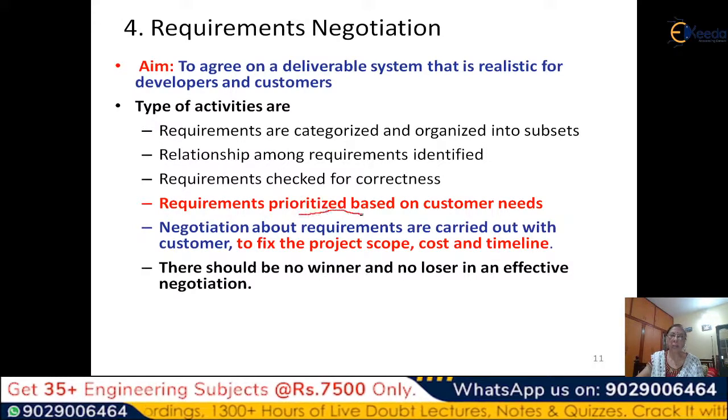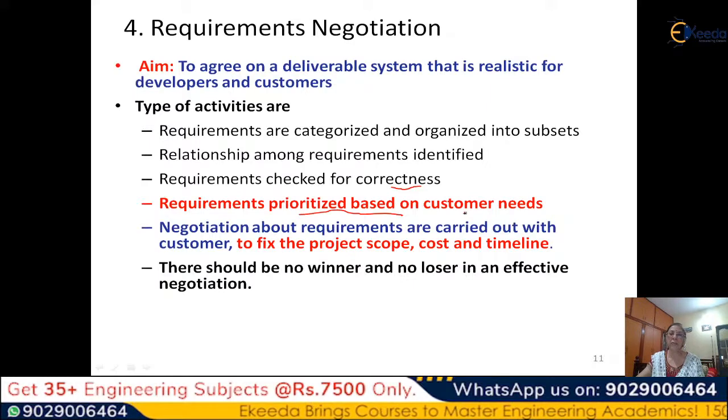Requirements negotiation is basically because we have to prioritize the requirements. This is a major area of focus, and we will also look for some conflicts and any clarification that has to be checked, and we will look for correctness. If any requirements are related, then we have to understand that more. Requirements will be categorized and prioritized based on the customer needs.